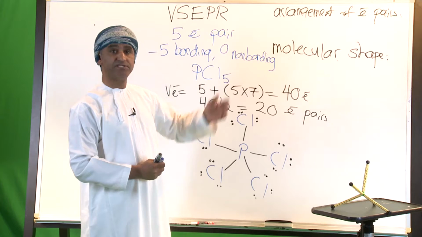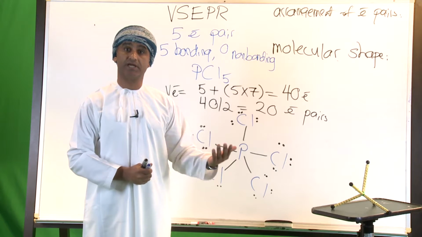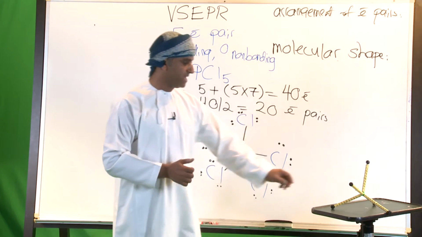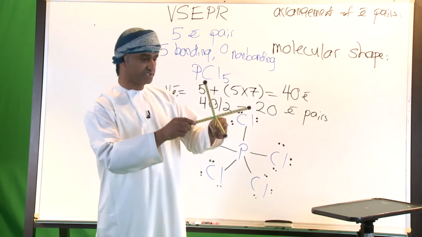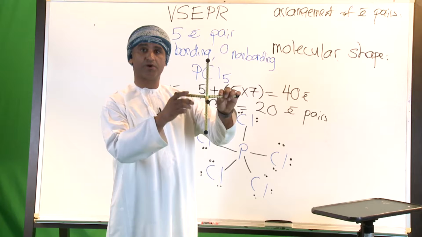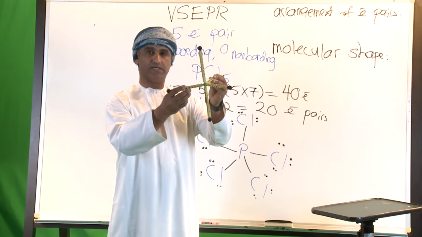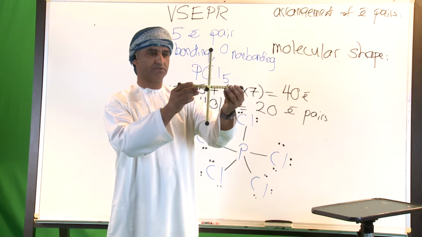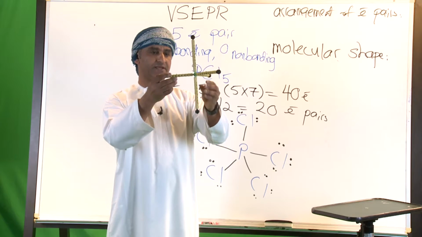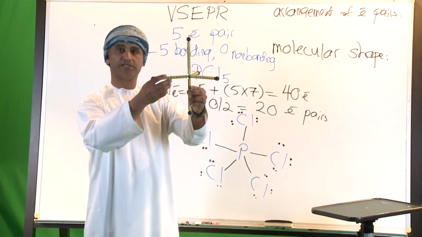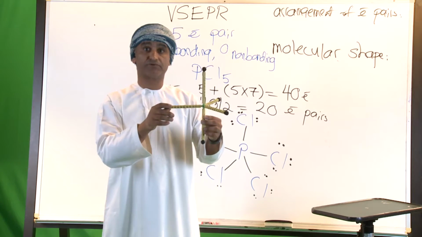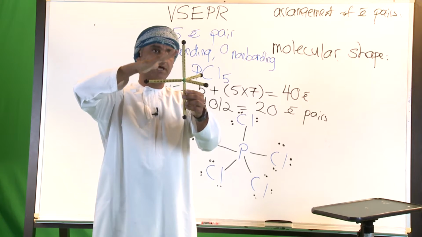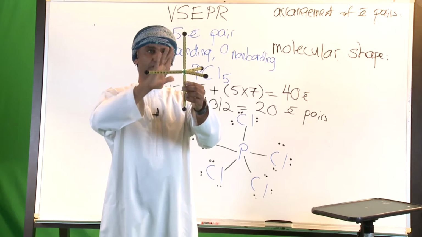What about the arrangement of electron pairs or the orbital shape, and therefore the molecular shape? Well, let's try to make a model of phosphorus pentachloride. So that's a possible Darling model for this molecule. If you look at the orbital shape or the overall arrangement of electron pairs, you will find out that it's like 2 pyramids stuck to each other.